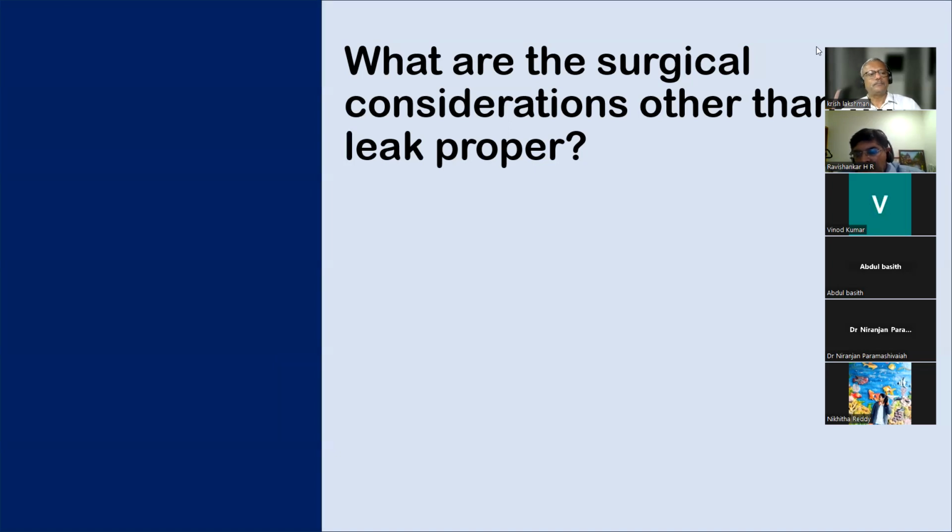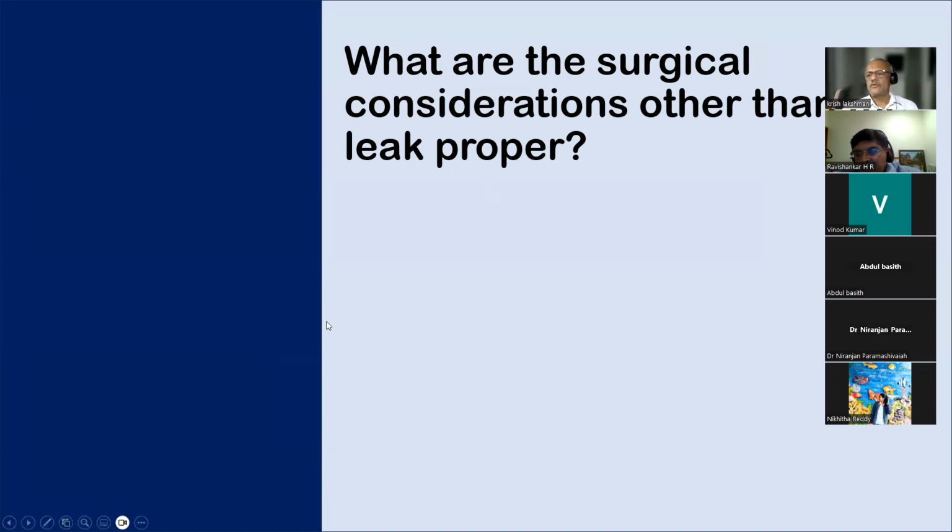The fact that you have decided to take him back to the OT means he comes in the fourth or the fifth category of anastomotic leak. The others you would have managed conservatively or quasi-conservatively. So this last group of patients are obviously sick, and you have to give enough credence to that.